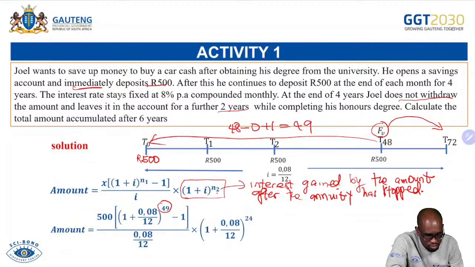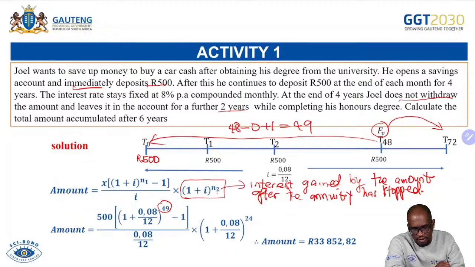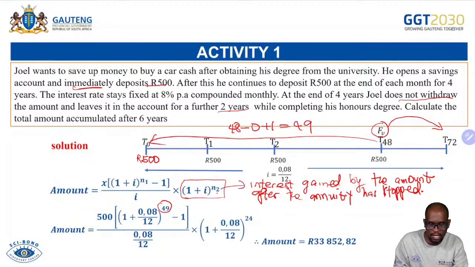Then minus 1, divided by 0.08 divided by 12. Now we multiply by the interest that was gained for 2 years, so it stayed there for 24 months. The interest rate is 0.08 upon 12. You put everything in your smart calculator and you get that the amount Joel will get is 33,852.82.